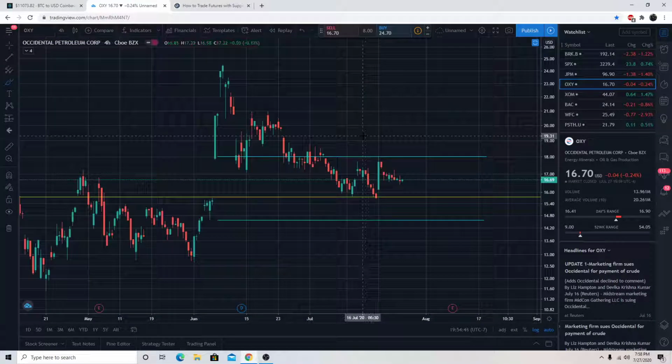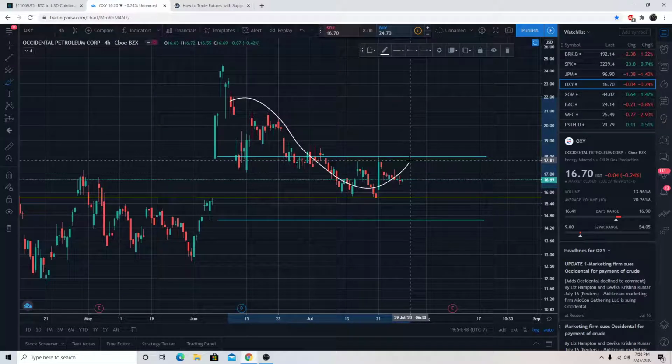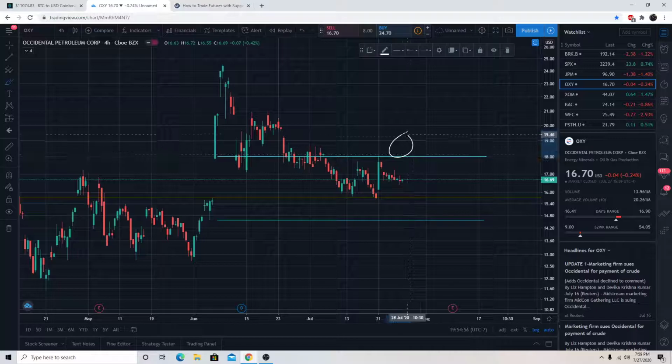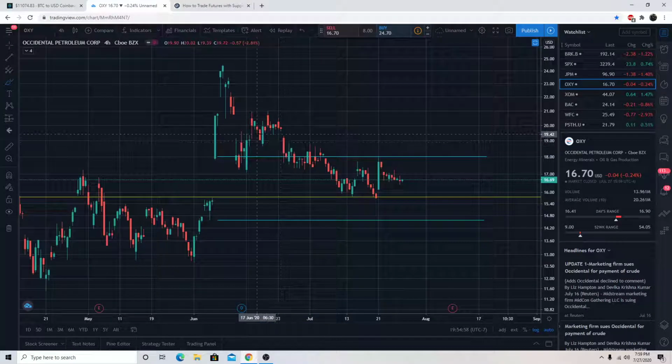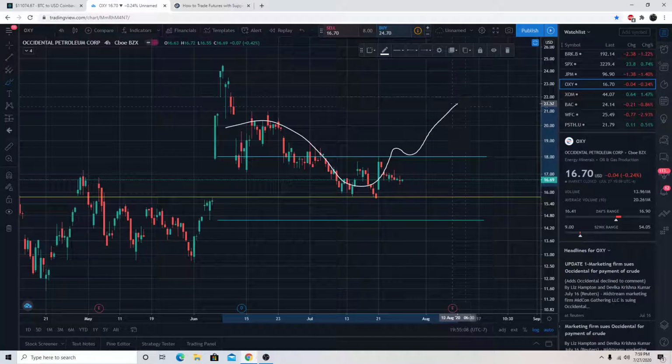Basically, what I want to see is I want us to go up, break past this area, and see a full body candle. So this is a full body candle above this line right here. And then I want to see it like this. Preferably, this is the best case scenario: it goes down, it touches, full body candle, and then it continues to move to the upside.